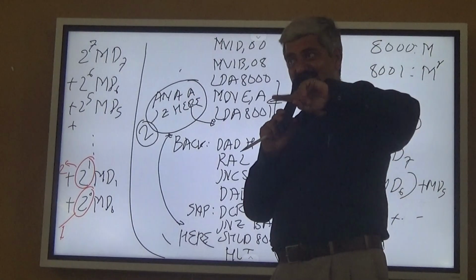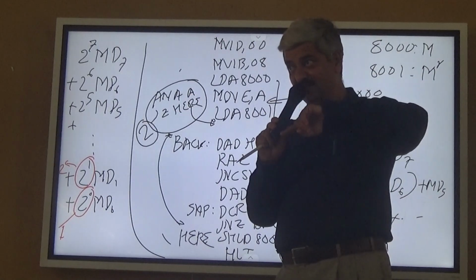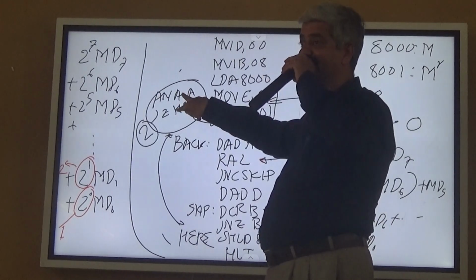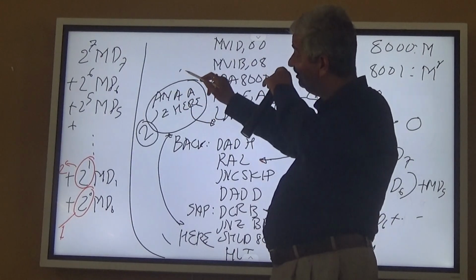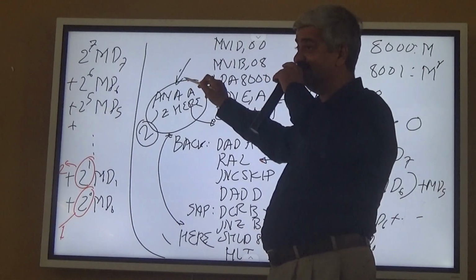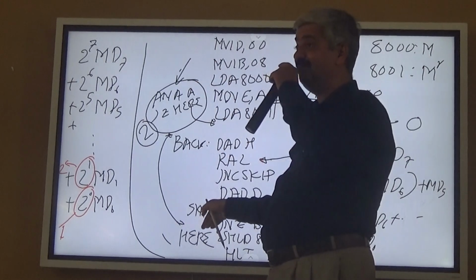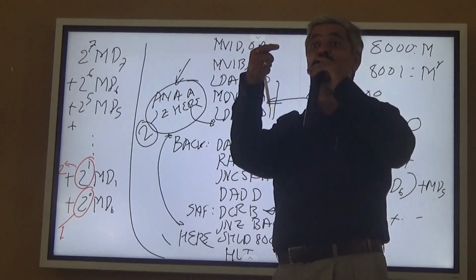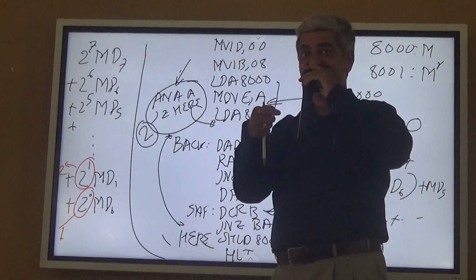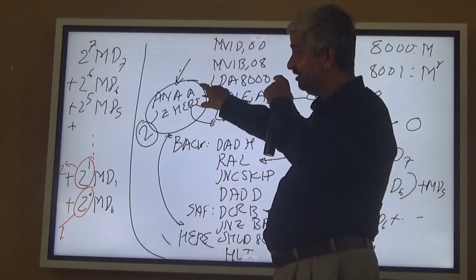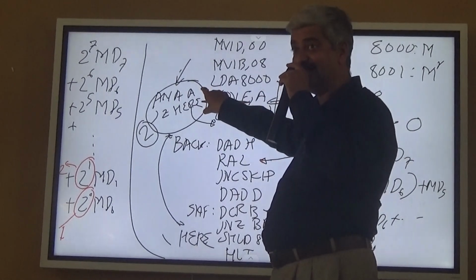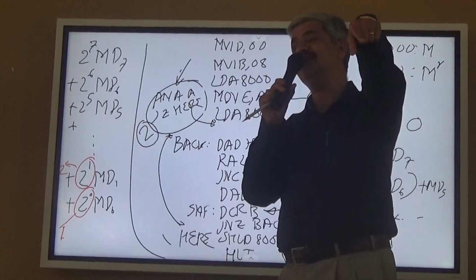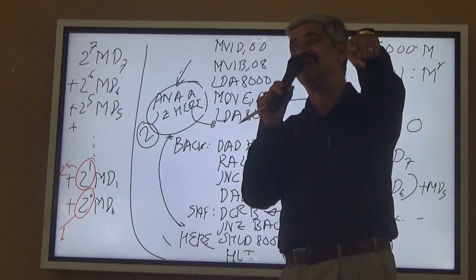So 48 instructions would be saved if it is 0, and 2 instructions are added. Now this would be done always and this would be saved if it is 0. The probability of it being 0 is 1 upon 256. This is a permanent overhead of 2 to save 48 instructions with some likelihood.